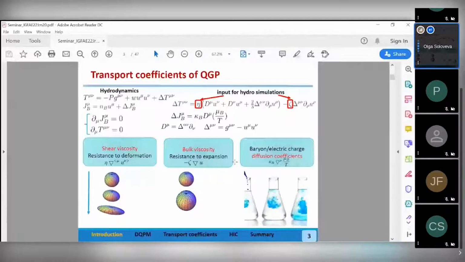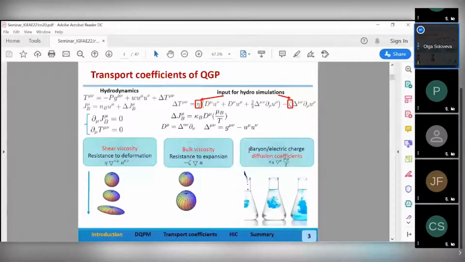Here you can see the stress tensor, T mu nu, and the baryonic current, with dissipative parts. These dissipative parts contain the transport coefficients: shear viscosity, bulk viscosity, and, for example, diffusion. Here is baryon diffusion. It can also be charge diffusion or diffusion of strangeness.